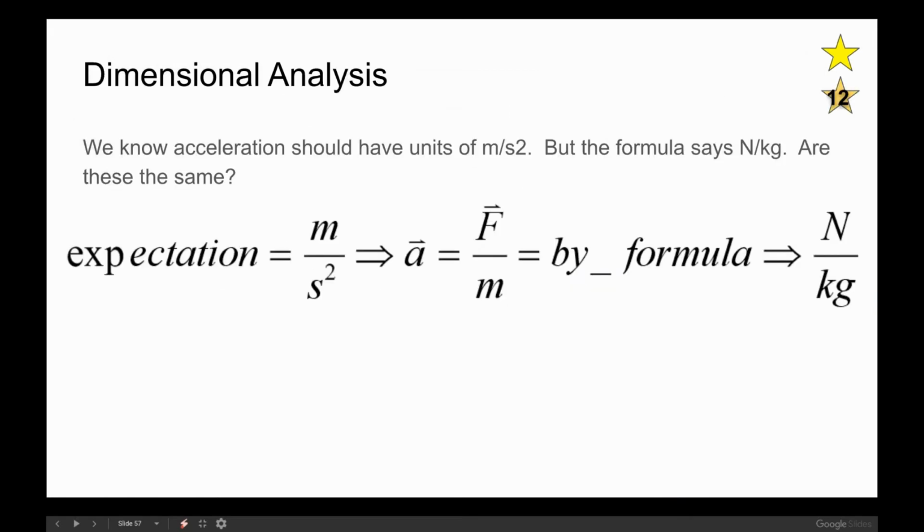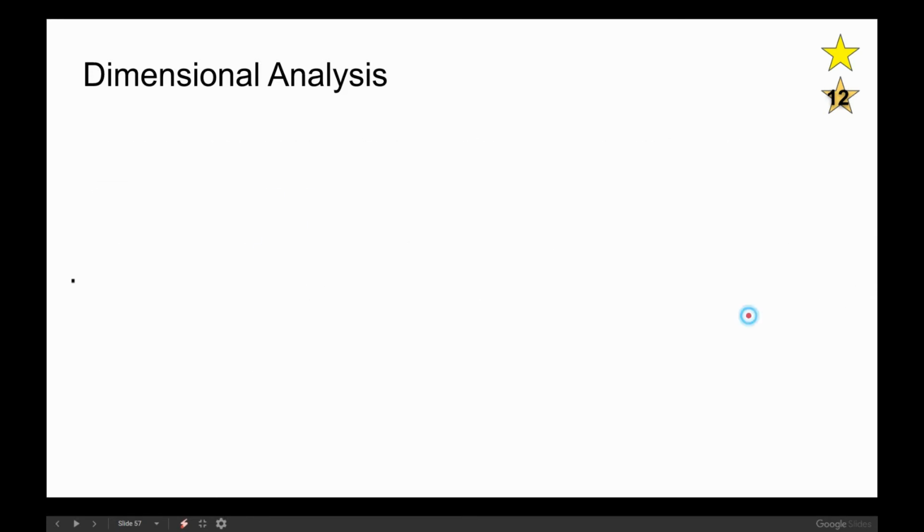So let's take a look at it this way. You're supposed to get acceleration in meters per second squared. But this formula just said newtons per kilogram. So our expectation was that a should show up like this. And instead, when we solve the formula, we got these units. And that doesn't seem right. But they are, in fact, the same. Watch.